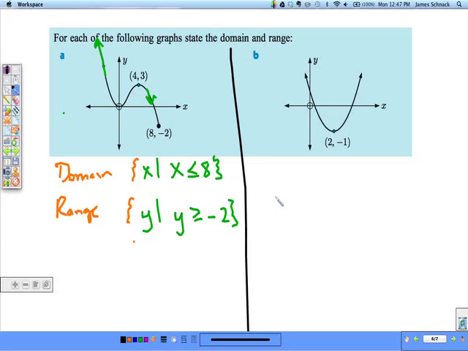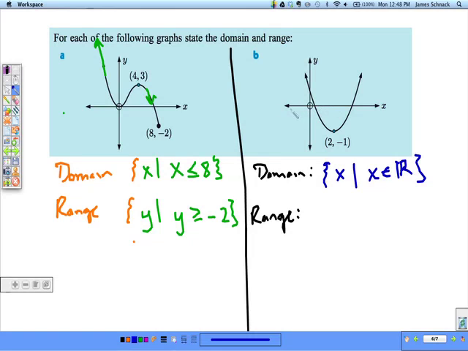The second one. Pause the video and write down what you think the domain and range are. You should have said the domain is the set of all x's such that x is an element of the real numbers.